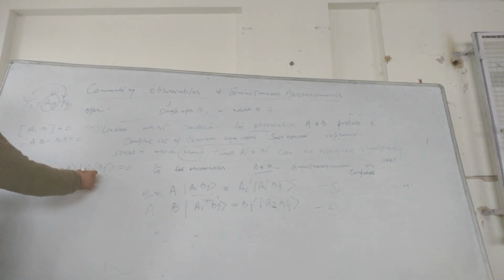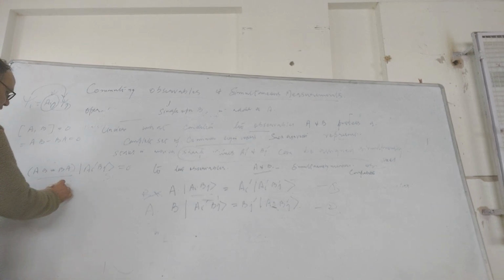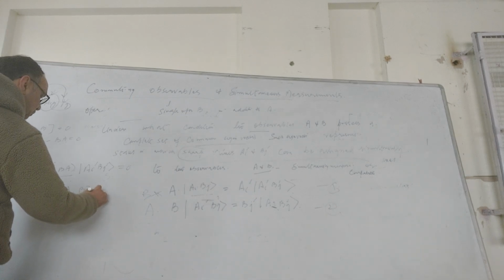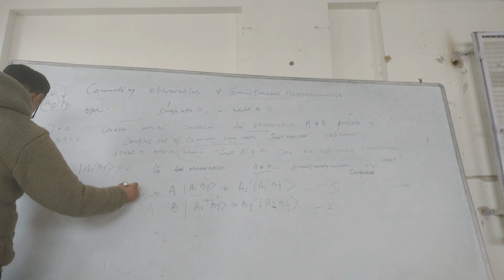Or again you can have one of these 0, or this means ab minus ba is 0. You can write ab minus ba as a commutator, which is equal to 0.